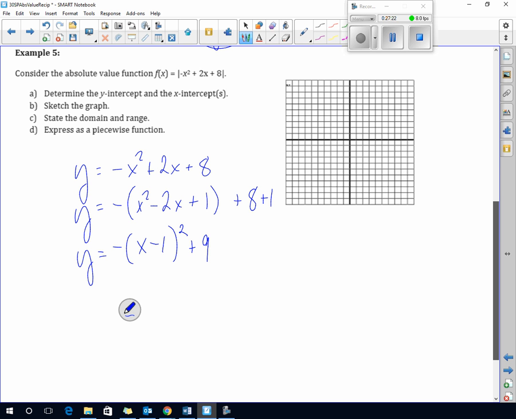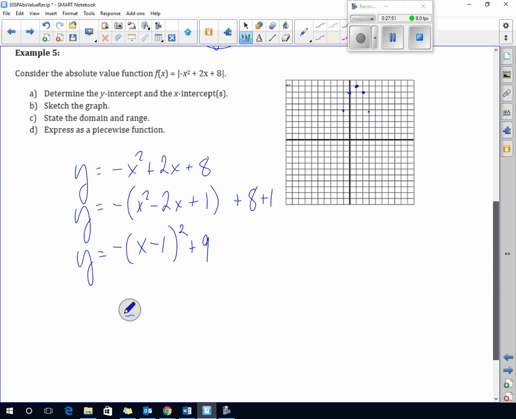Can you draw an upside down basic parabola? Just pretend this is 0, 0. Instead of going right 1, up 1, you're going to go right 1, down 1. And instead of going right 2, up 4, we're going to go right 2, down 4. Usually we would stop right there, right?